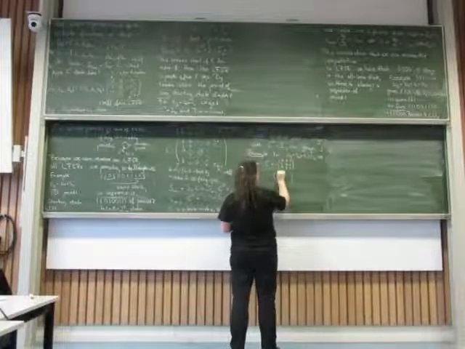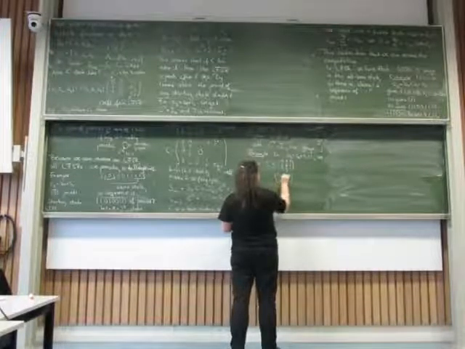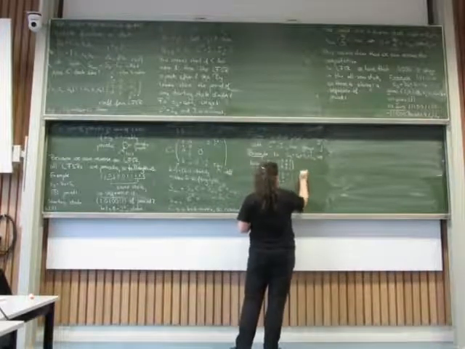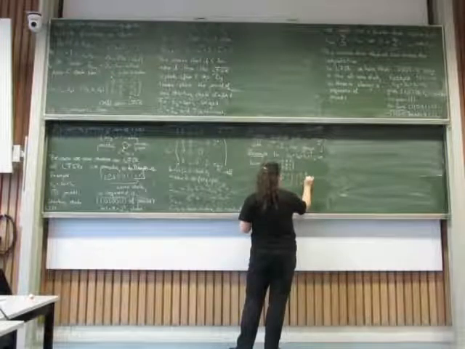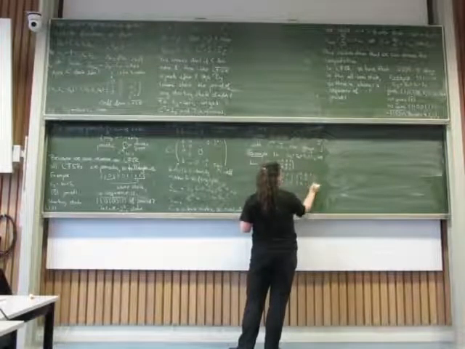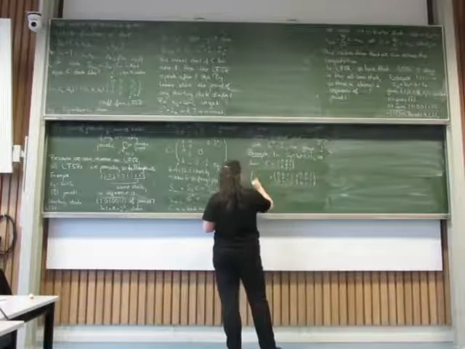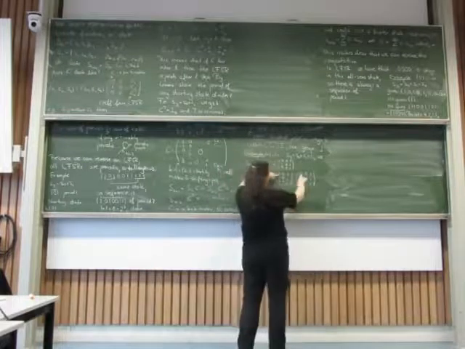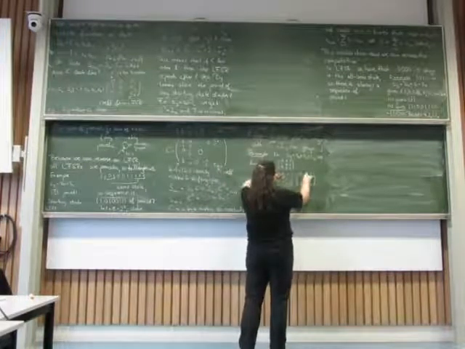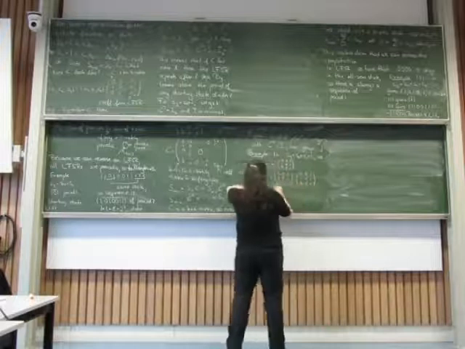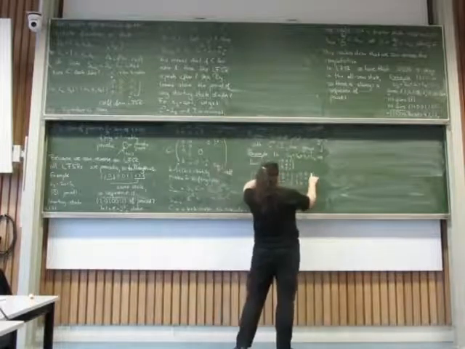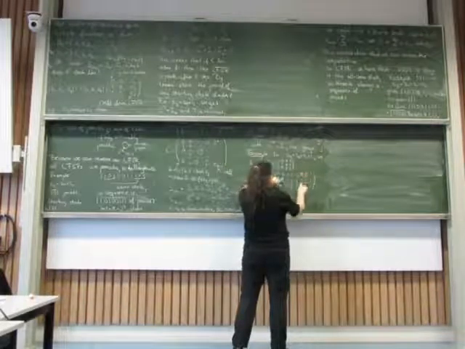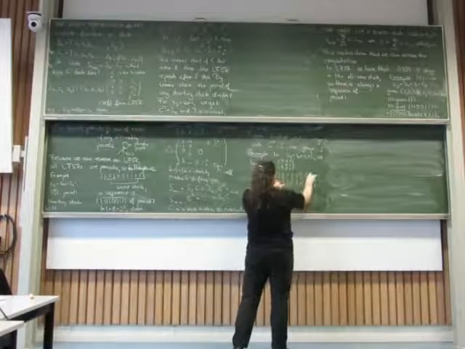I'm writing C here, 0, 1, 0, 0, 0, 1, 1, 1, 1, times C, again 0, 1, 0, 0, 0, 1, 1, 1, 1. Okay, now that gives me, the first row times the first column, so we're getting 0, next entry we're getting 1, so 0, 1, and I'm getting the 1. Next row is 0, 1, 0.